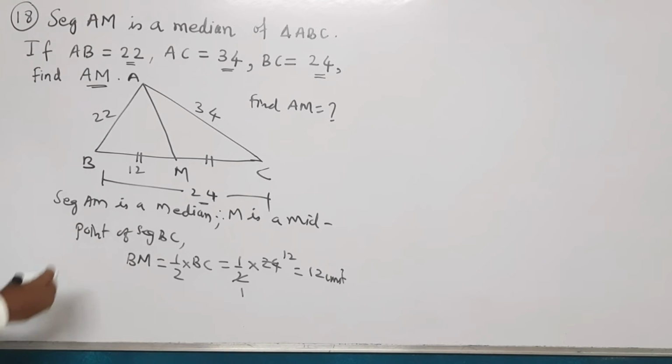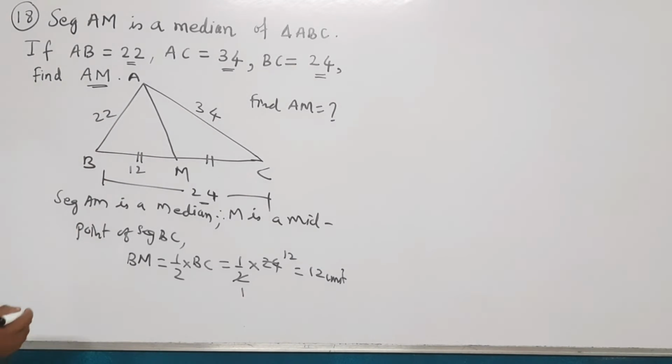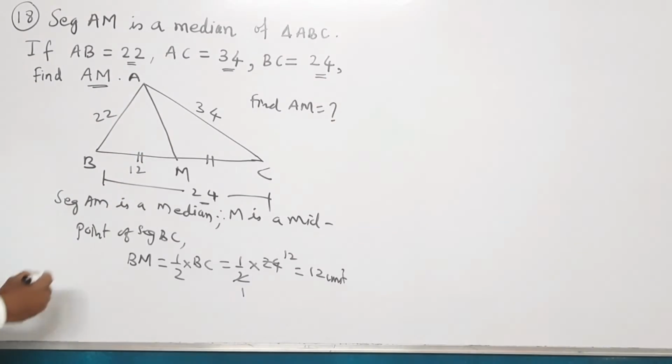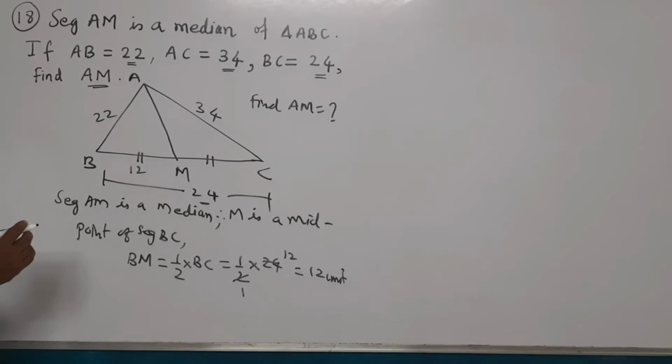Now segment AM is a median. Whenever there is a median in a triangle, we should apply Apollonius Theorem.